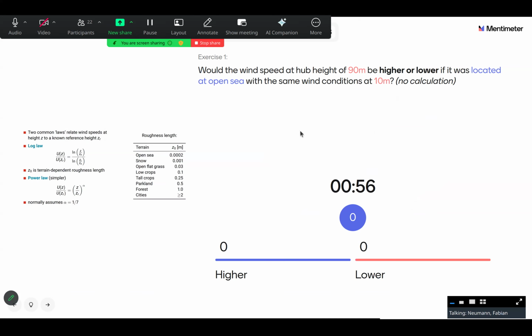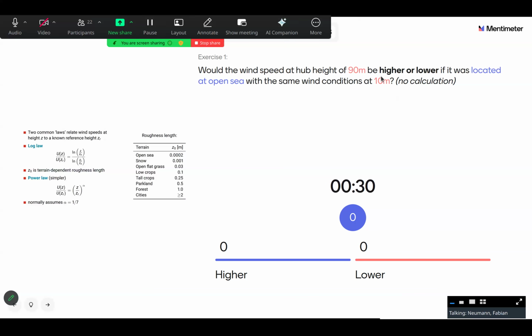My question was: if you wanted to calculate the wind speed at hub height at 90 meters, would it be higher or lower if it was located at open sea rather than at low cropland? You don't need to do any calculation for that, just look at the values for the roughness length.